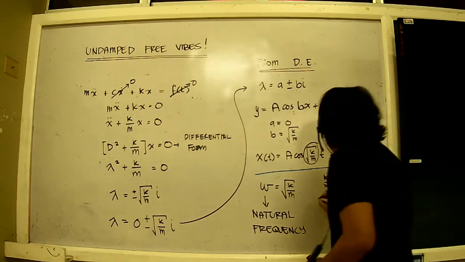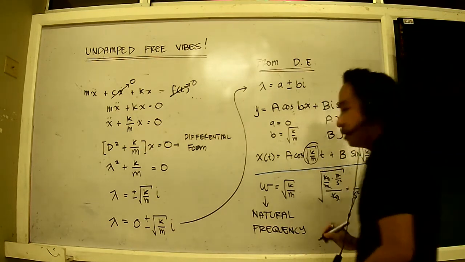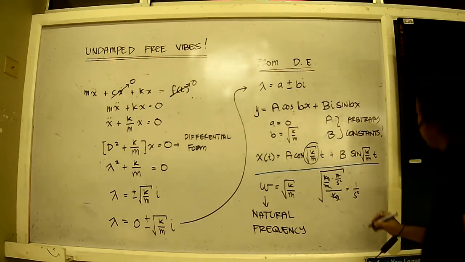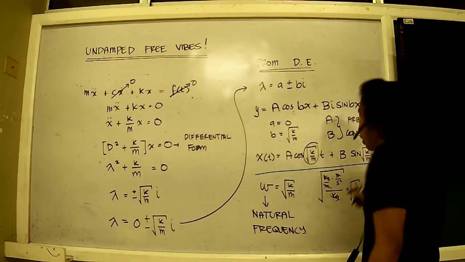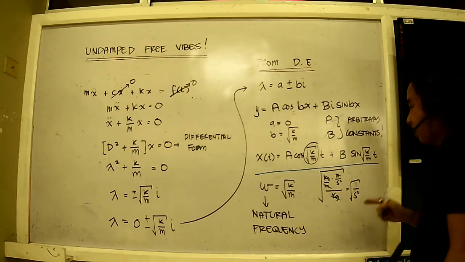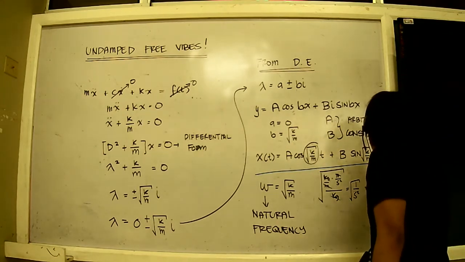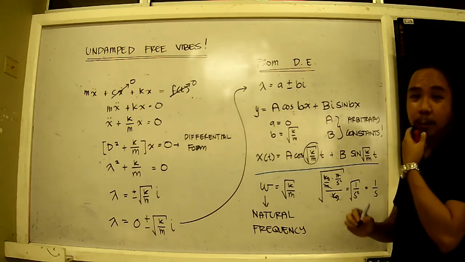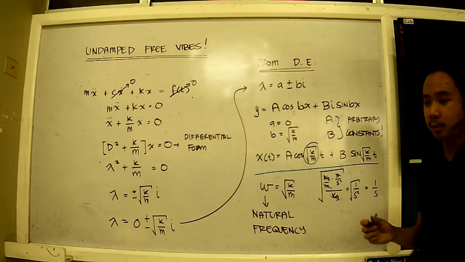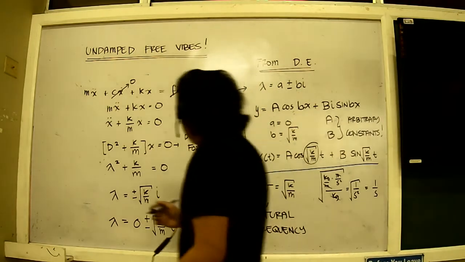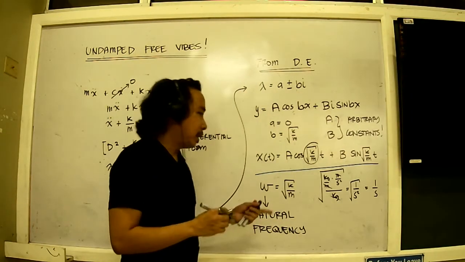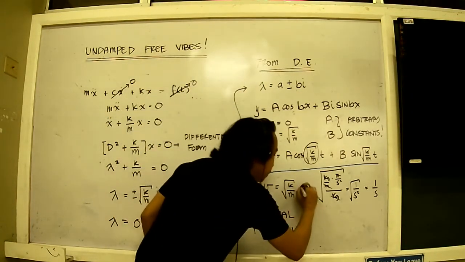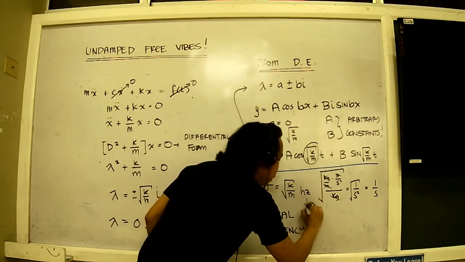But we have to remember that all of this is encased within a radical sign, so we take the square root. Thus, our units will be 1 over s. When we talk about the natural frequency of a structure, our units will be 1 over s, or in short, hertz.